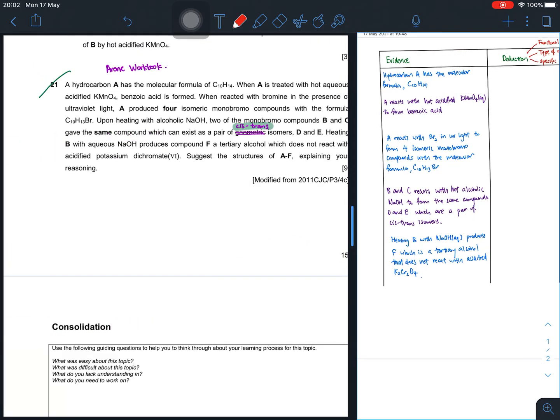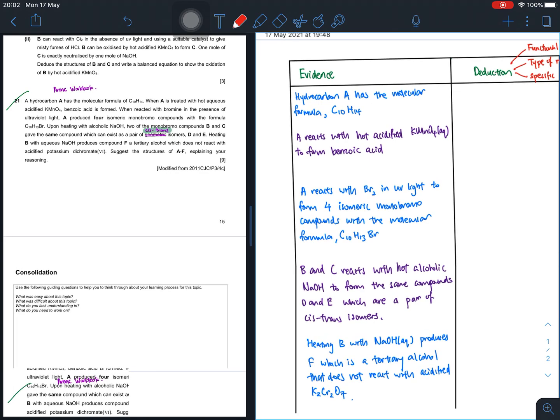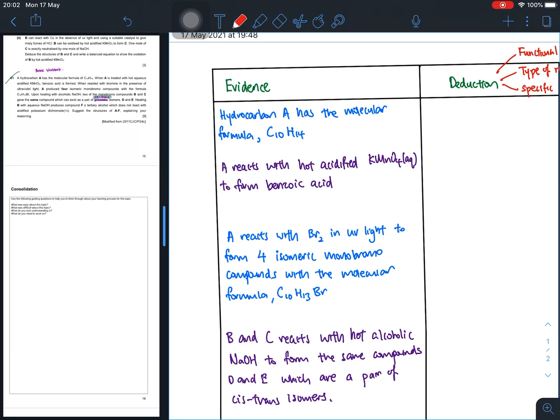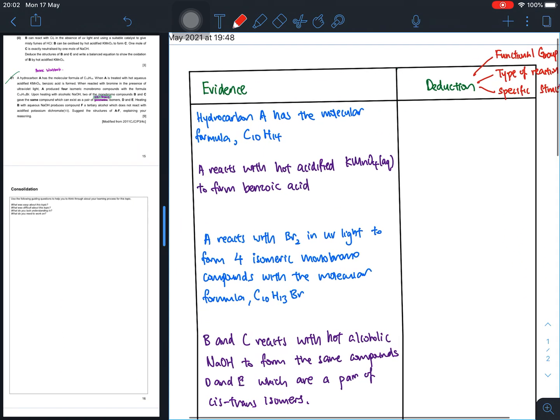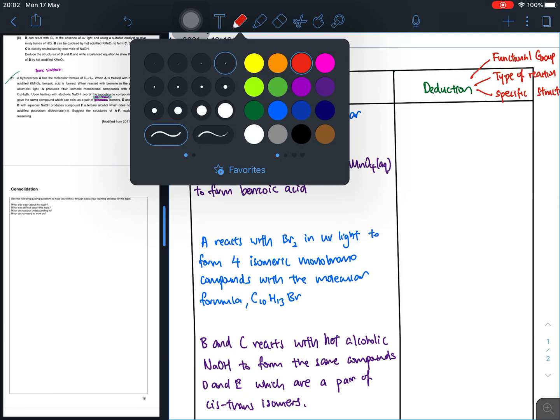If you were to look at the question itself, it started off with saying that a hydrocarbon A has the molecular formula of C10H14, and that is the first evidence that I have over here. From this statement itself, you should be able to tell that it gives us some hint about the functional group, because the carbon to hydrogen ratio is approximately 1:1.